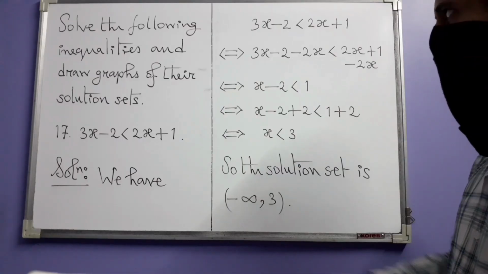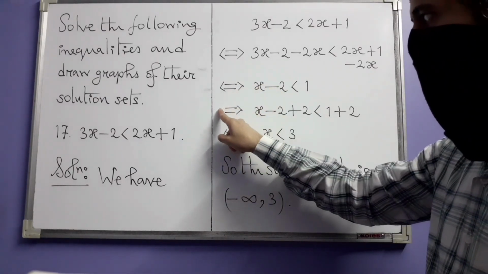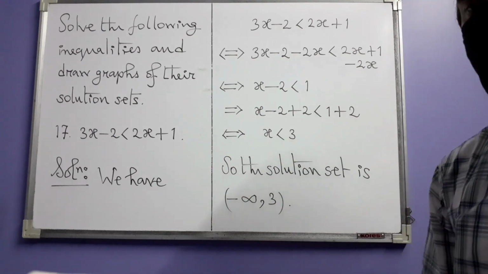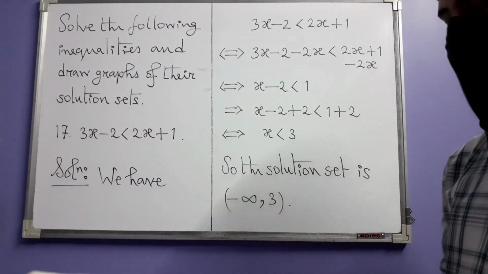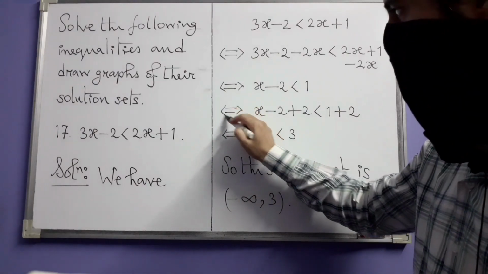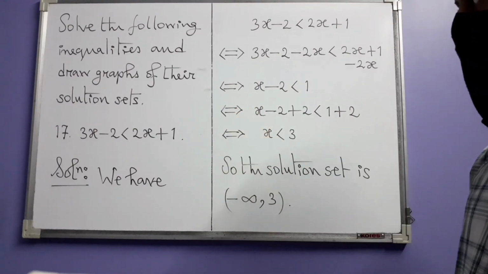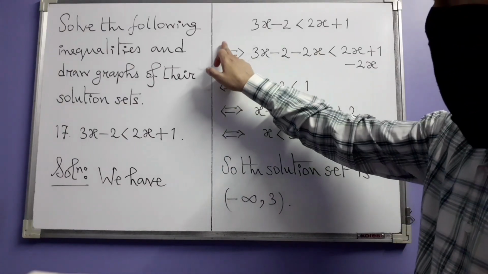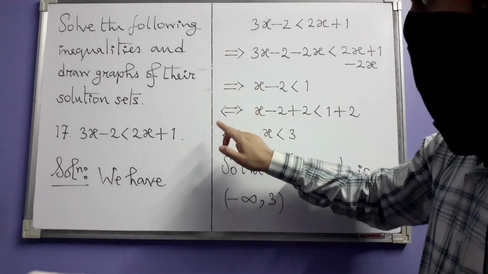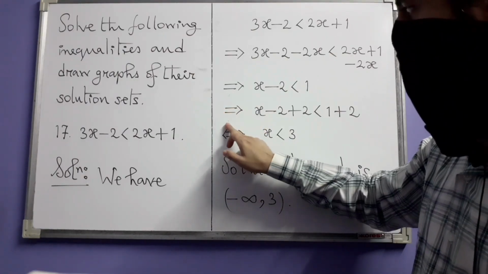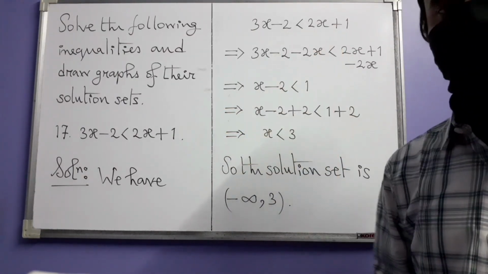Note one more thing, that I am using double implication. I am not writing simply like this. What is the reason? We talked about it before, but let me again say what the reason is. If you just simply write ordinary implication, what does it mean?